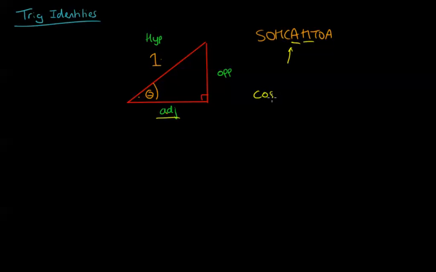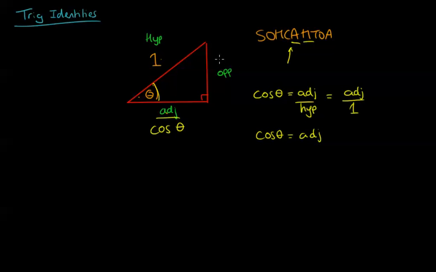Cosine of the angle theta equals adjacent over hypotenuse. But that would just be the adjacent divided by 1. Well, anything divided by 1 is just itself, so cosine theta equals the adjacent. So this length would be cosine of the angle.